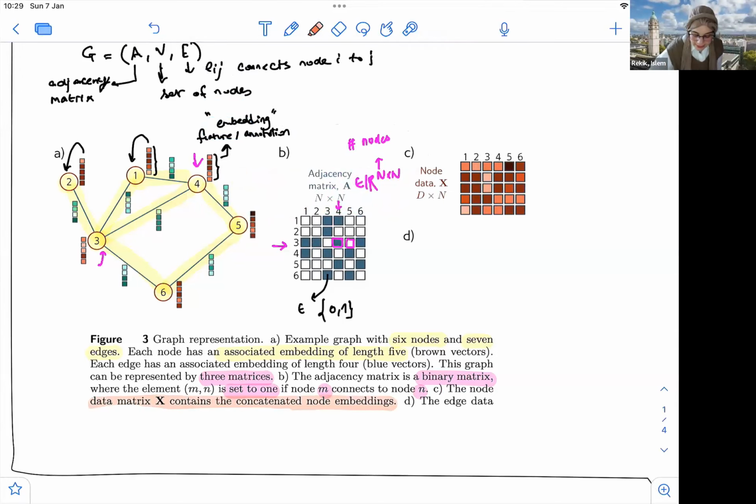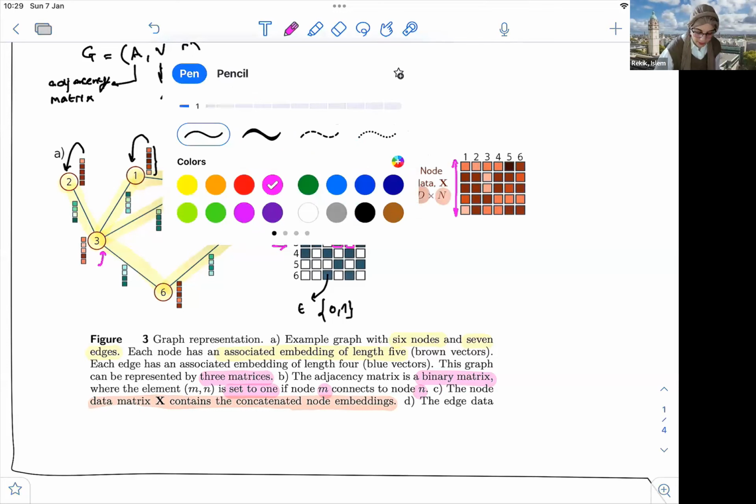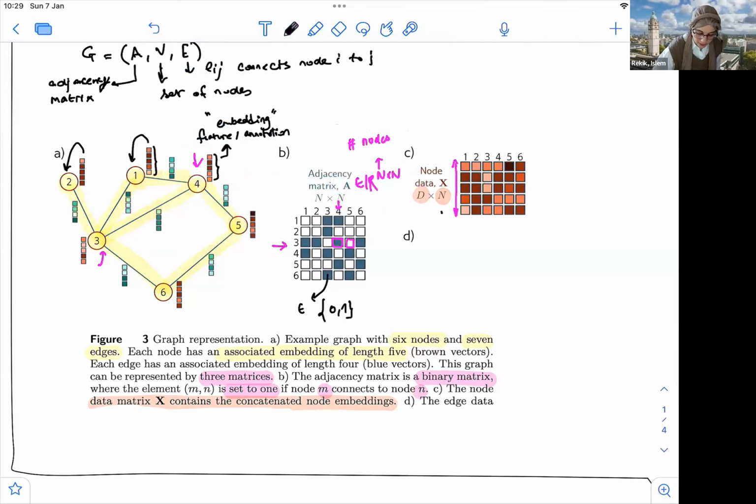It's a D by N matrix, where D is the size of the embedding. Here we have the D, and then we have 6 nodes, which is the number of nodes N. So these are nodes, and this is the size of the embedding. We have 5 values in our embedding vector.